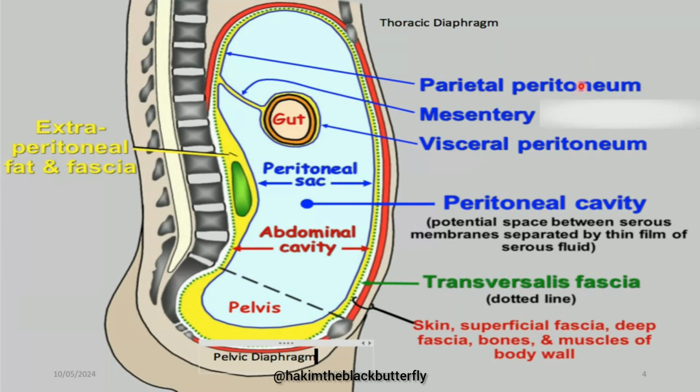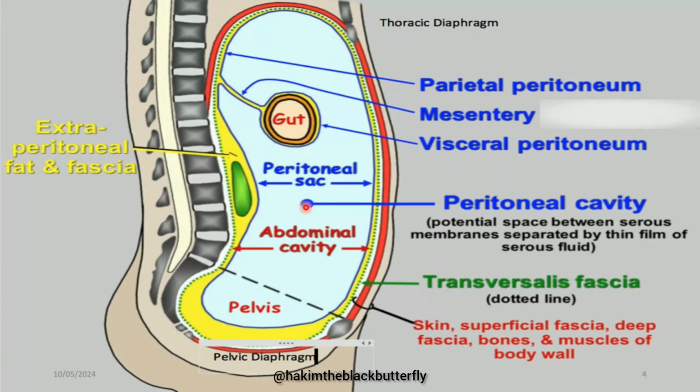the peritoneum, the two layers. The inner layer, the visceral layer, encloses our organs, and the parietal layer lines the abdominal wall. Between the two we have the peritoneal sac or the peritoneal cavity, which is going to contain fluid, only fluid.